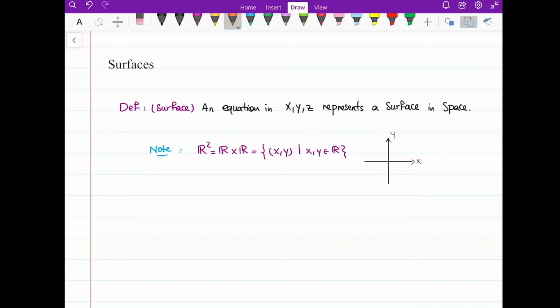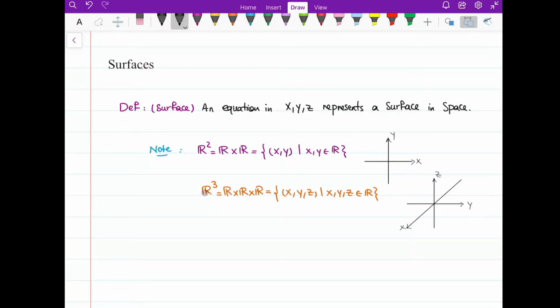But for a space, we are going to use R3, which is R cross R cross R, the Cartesian product of three R's, real numbers. The set of all ordered triples such that x, y, and z are real numbers. So this is space: x-axis, y-axis, and then z-axis. We're going to show the plane by R2, and if you're talking about the space, we're gonna use R3.